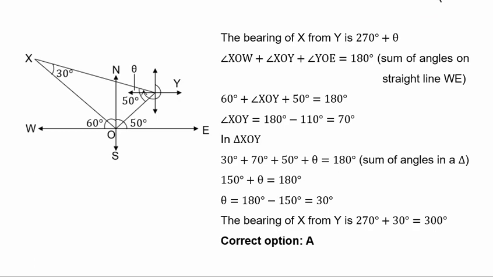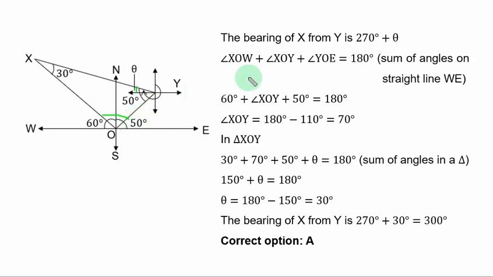The solution continues. This needed angle is denoted by theta. The way it is, we have to consider triangle SOY, and we need this angle so that if we add all the angles together, the sum is equal to 180 degrees.